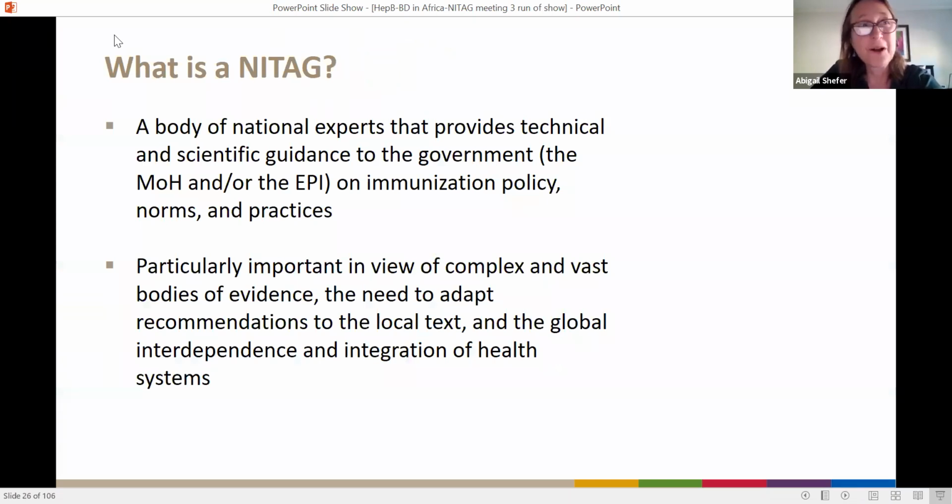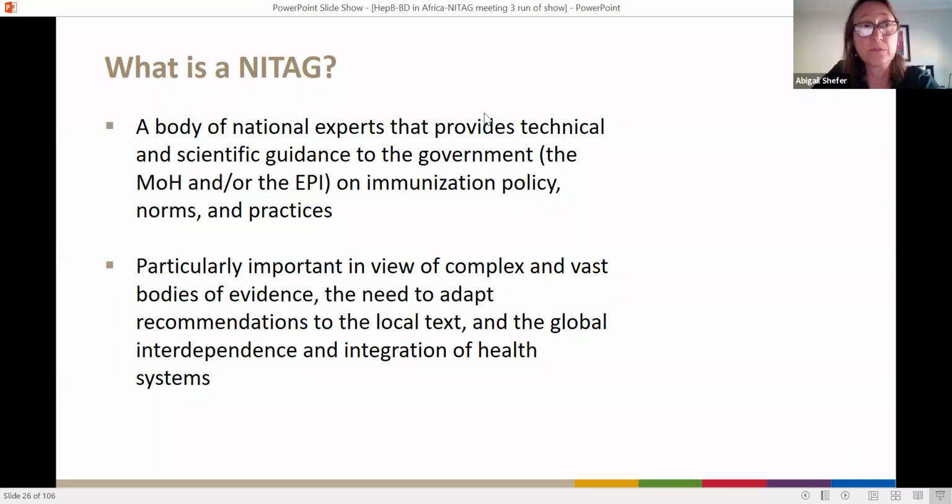So this is just a reminder, what is a NITAG? It's a body of national experts that provides technical and scientific guidance to the government on immunization policy, norms, and practices. So in this way, the NITAG is both a technical resource and a deliberative body to empower the national authorities and policymakers to make evidence-based immunization-related decisions.